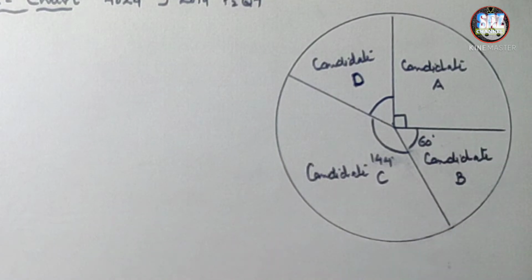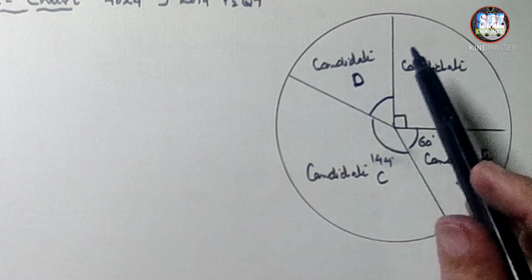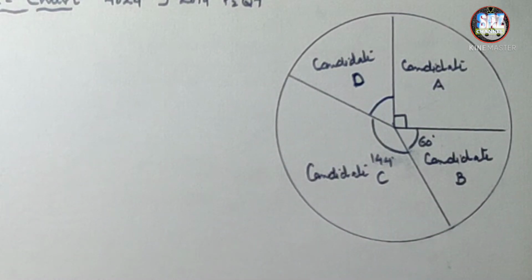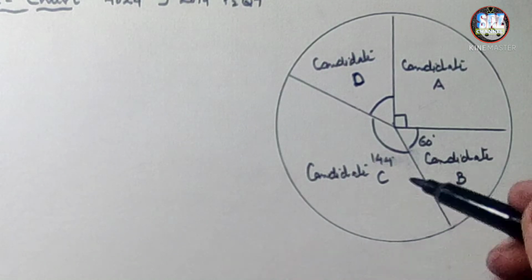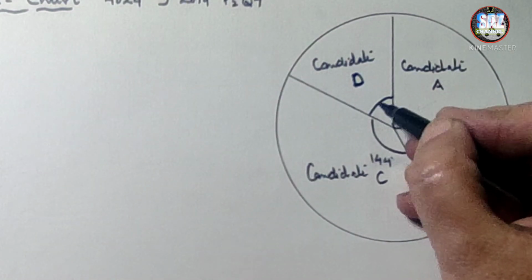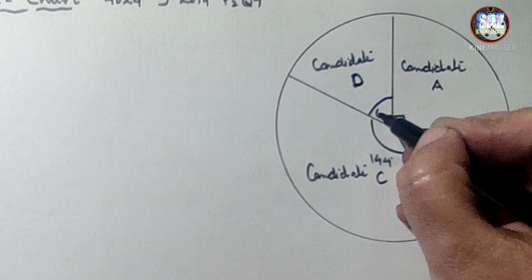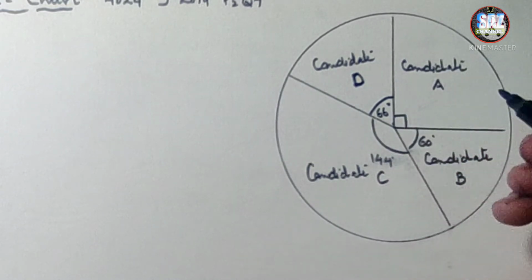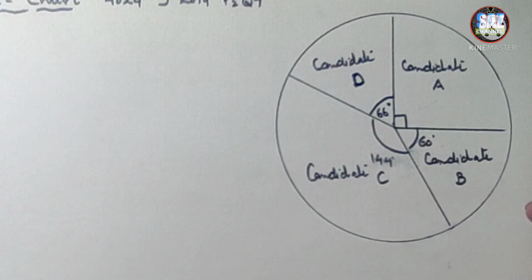Like 90 degrees, plus 60, plus 144, and this sum is 294, and we know that angle at a point is 360 degrees. I'll be taking this answer away from 360 degrees, and the angle for candidate D will be 66 degrees. We'll see if in the later part we will be needing this angle. We can use that easily.